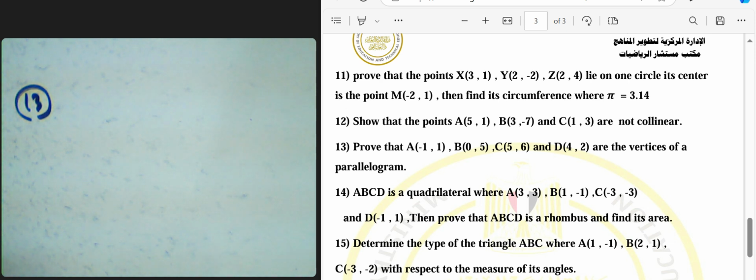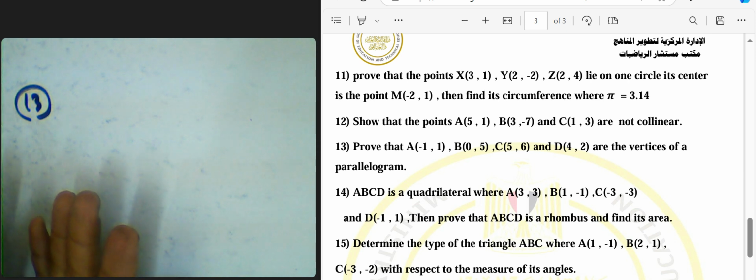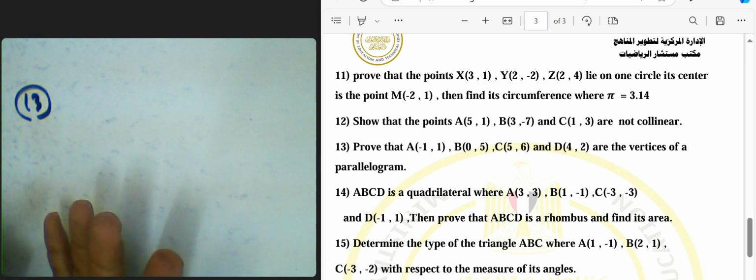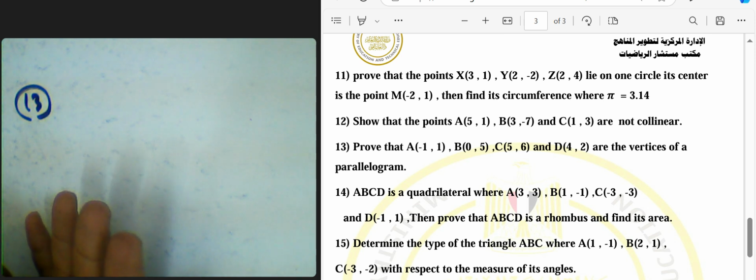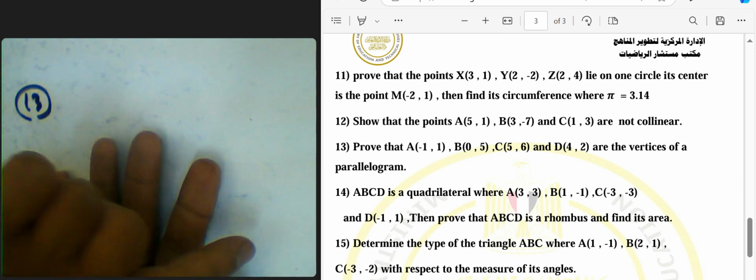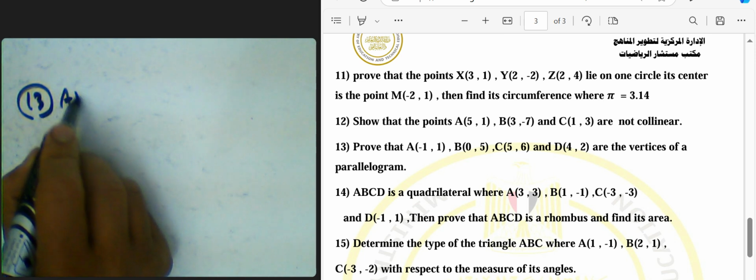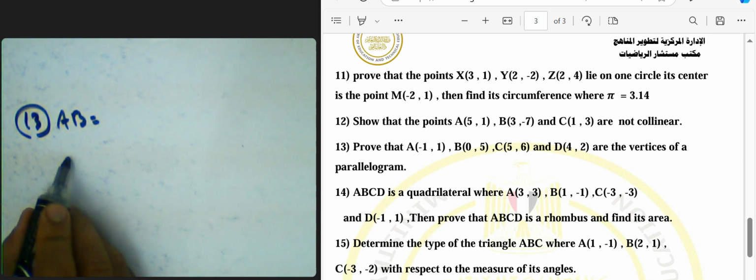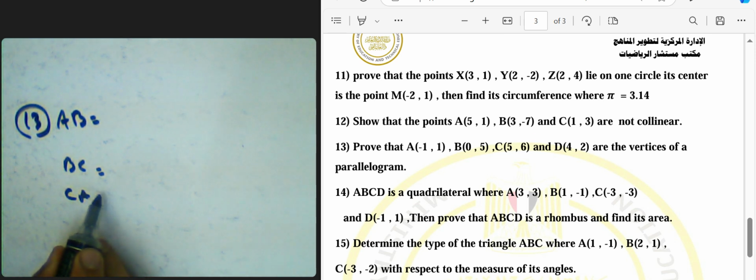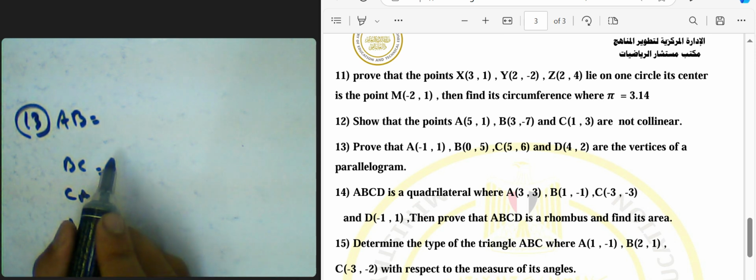You can prove that only two sides are parallel and equal in length, but in this lesson, we find the lengths of AB, BC, CD, DA, and prove that the opposite sides are equal in length. So I will write AB and BC and CD and DA.